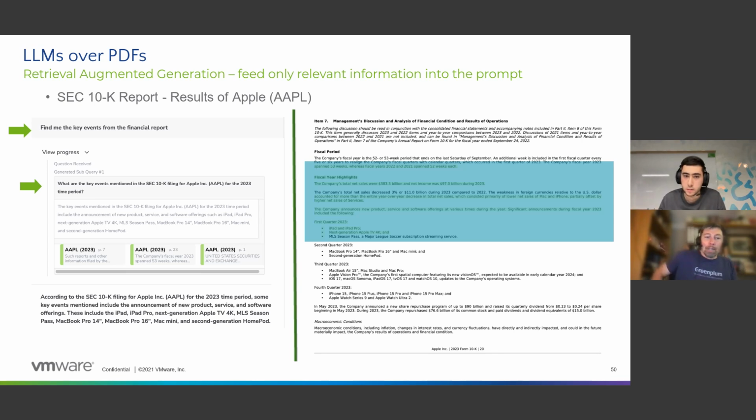That's a very nice way to deal with those large reports that otherwise you'd have to do a bunch of text searches on, or you would have to read them.